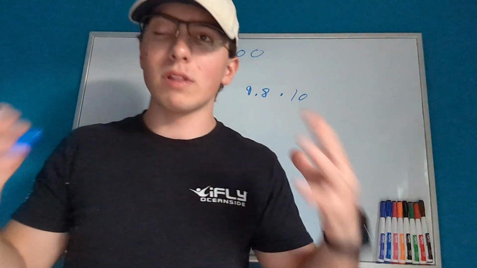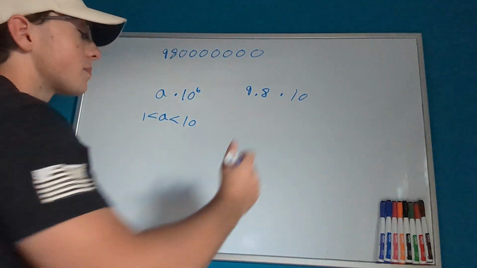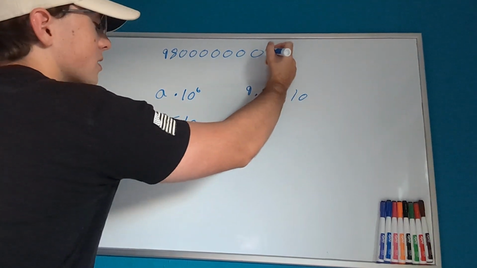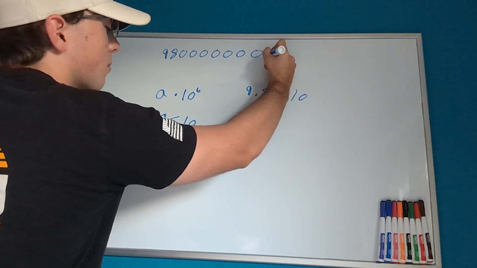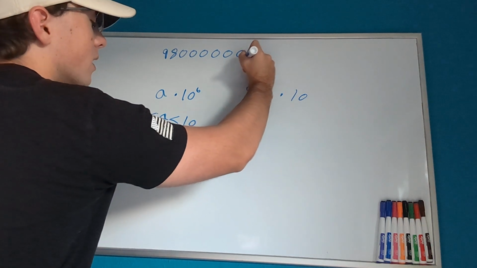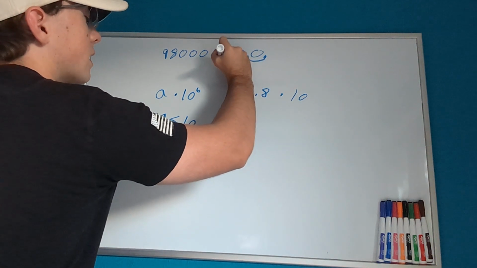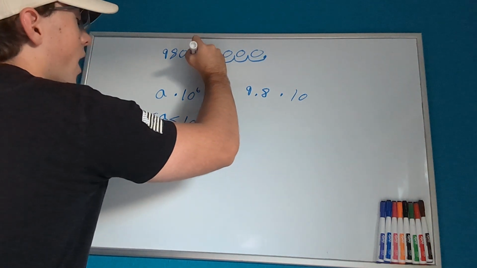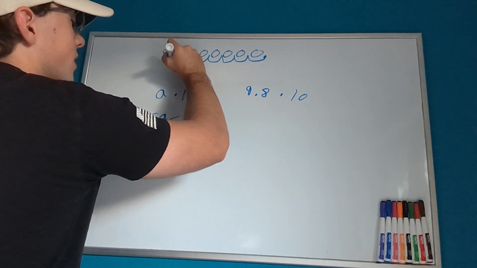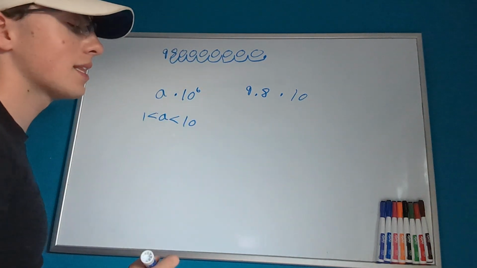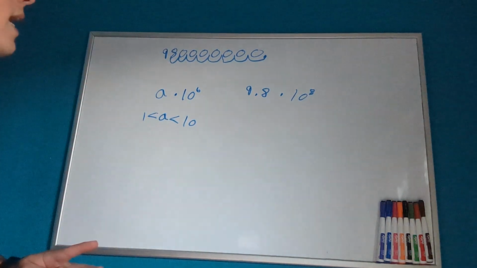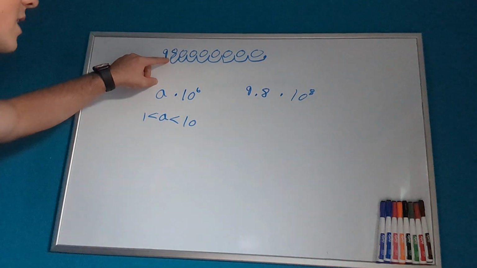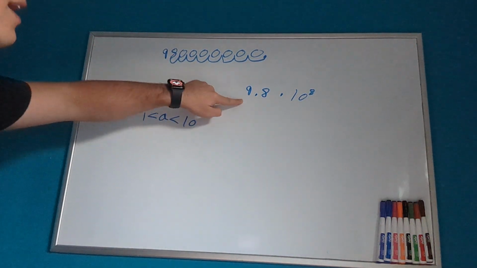So how do we figure out what that power is? Well, what we need to understand is the decimal for this number is right here, okay? And we're going to move this decimal over 1, 2, 3, 4, 5, 6, 7, 8 times to the left to get the power 8, okay? And we moved it there specifically to get 9.8.